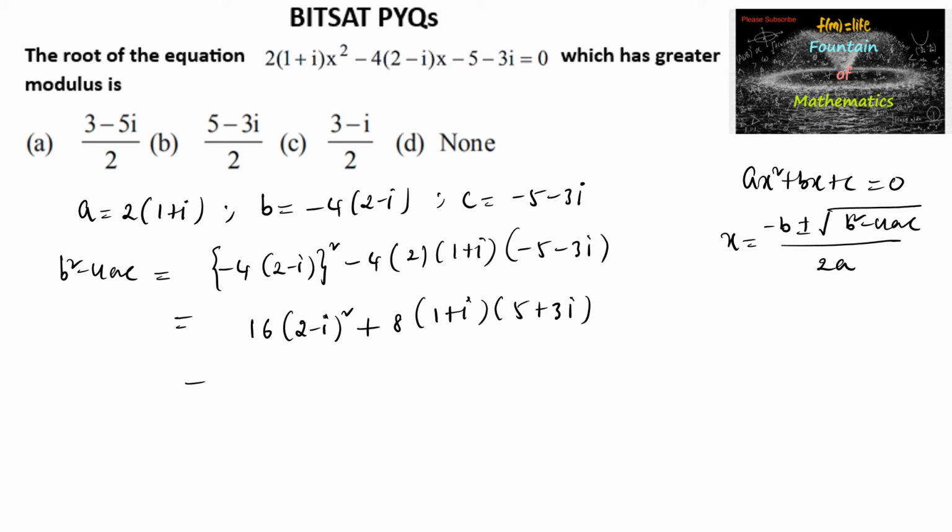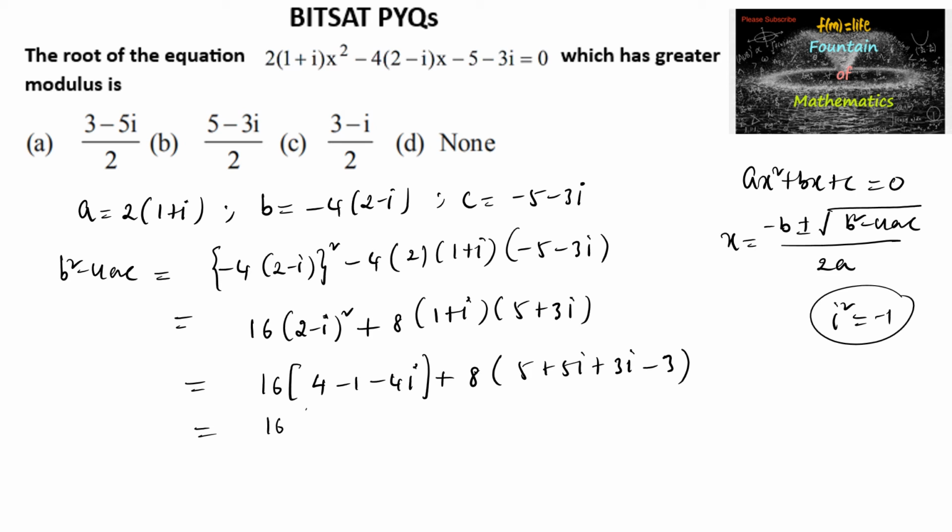So we can write 16 times (4 − 1 − 4i), since i² is −1, and again here 8 times, let us multiply, 5 + 5i + 3i − 3, i² is −1.